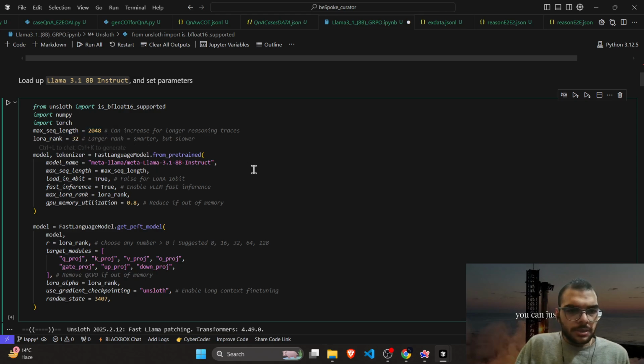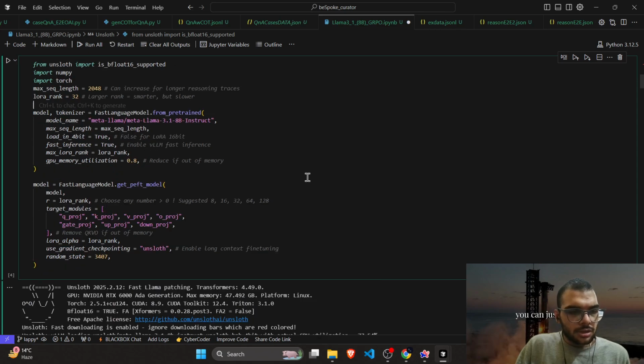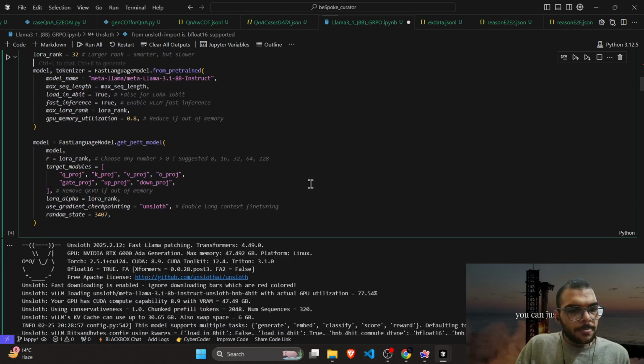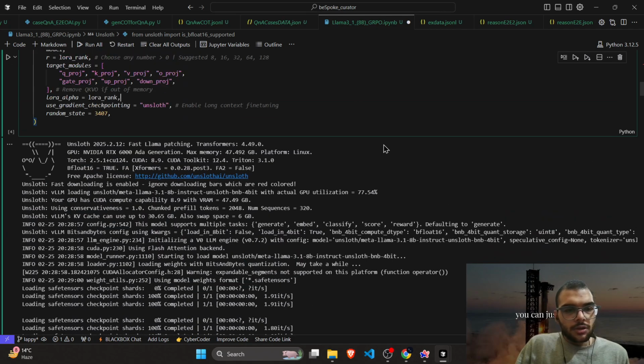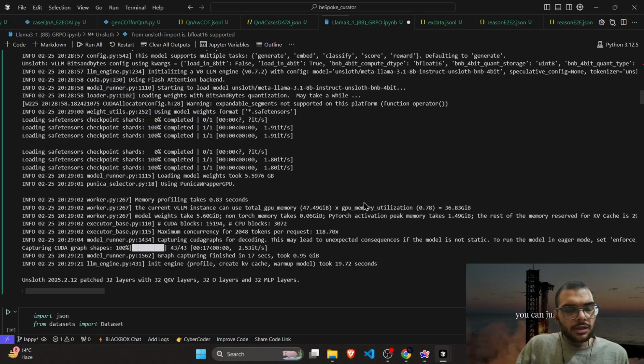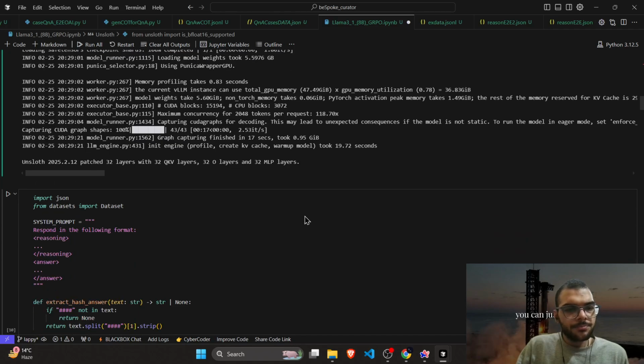LoRA rank should be the same; 32 is what you should prefer. Random state you can update to 3407; I guess in the notebook it's 42. Then these are the target modules, which should remain the same. It will load up the model, and it will take a little time.